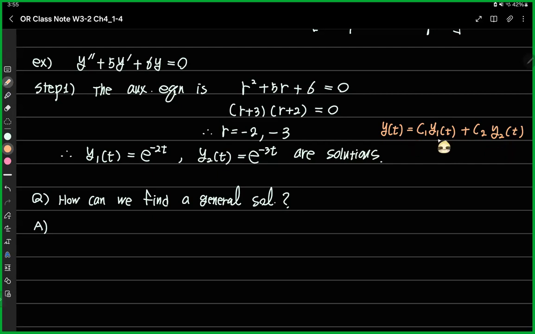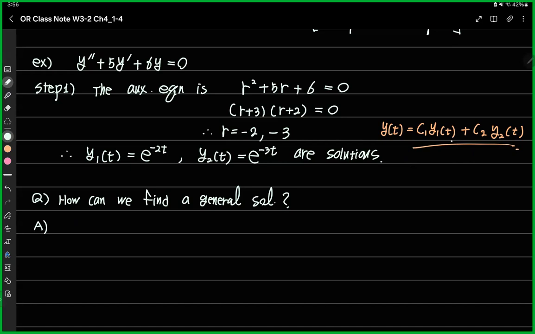Because c1, c2 will be determined by initial conditions. Remember that in that differential equation we got two initial conditions, right? Using these initial conditions, we can figure out c1 and c2. Depending on c1, c2, we're gonna get so many different solutions.